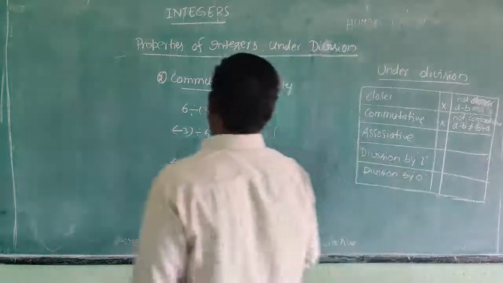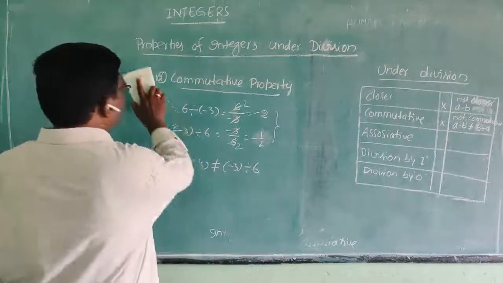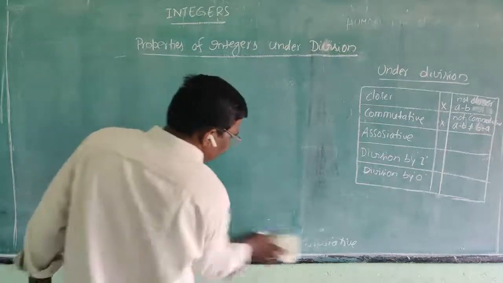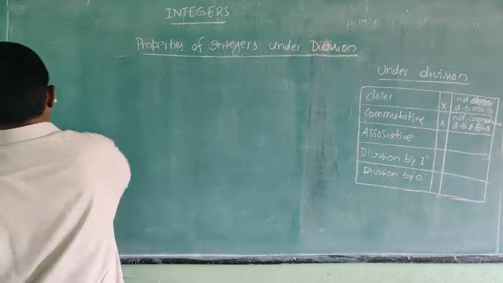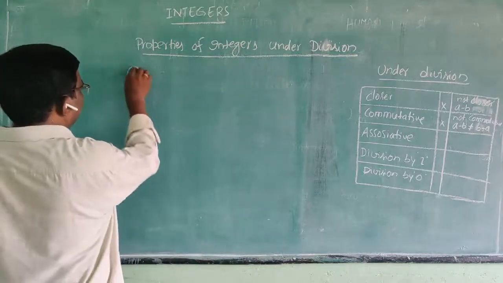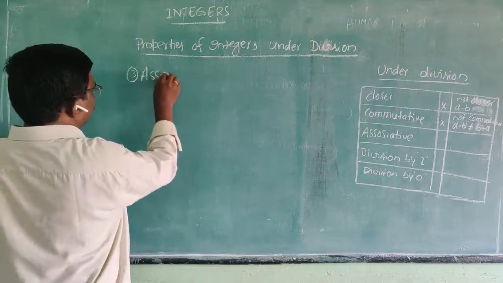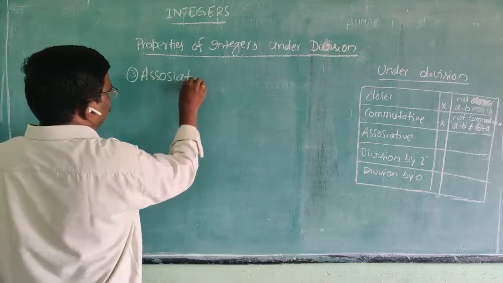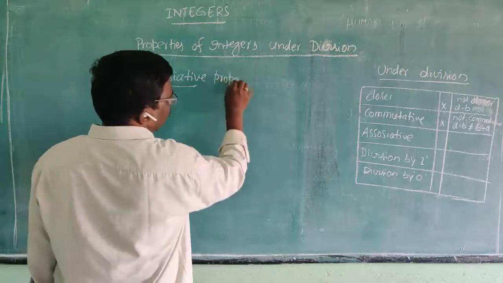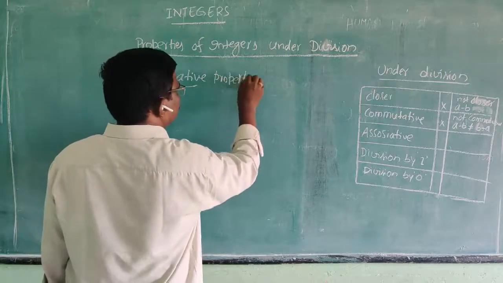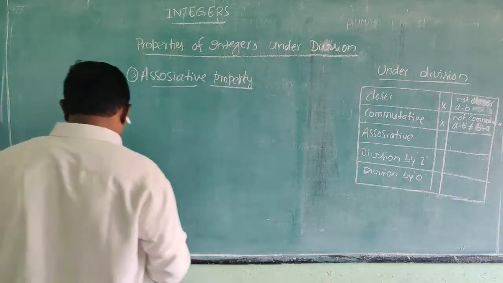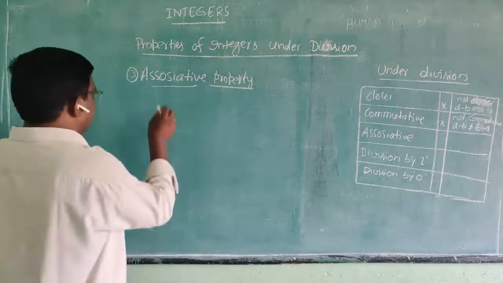Next, third one, associative property. Now consider, take any three integers.